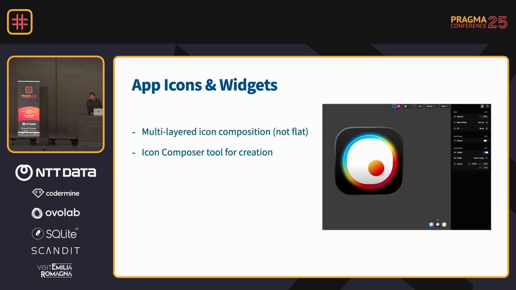Use the Icon Composer tool for the icon creation, and make sure to use light mode, dark mode, and the clear mode as well. Because some of the users love to have that iOS 26 clear look on their home screen. So at that point, your icons will look really ugly if you're not passing the proper variation. So make sure to use that as well.